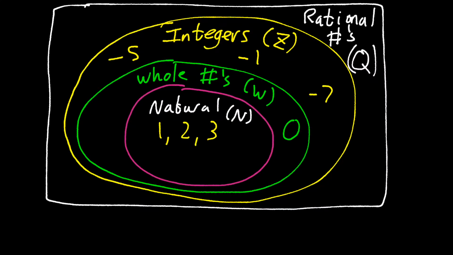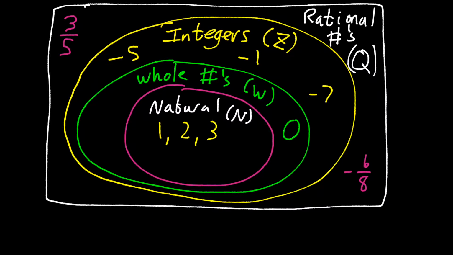Whole numbers start with a W and natural starts with an N, but for Q and Z, that's kind of weird. Now, rational numbers are anything that can be expressed as a fraction where the top and the bottom are both integers, as long as the bottom is not 0. So we have rational numbers such as 3/5 or -6/8. These are considered rational numbers.